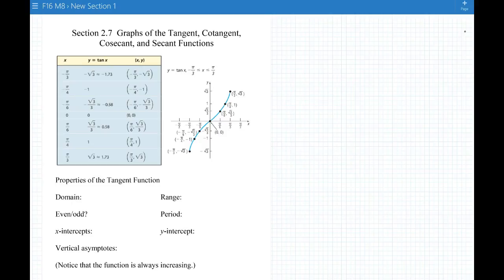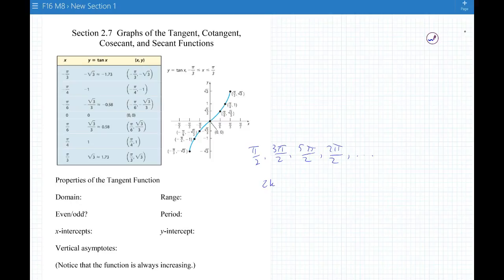So let's look at the graph so we can see on this one period of the tangent graph what the domain is. It looks like almost all real numbers are good, but we can't have odd multiples of pi over 2, because pi over 2 wasn't allowed, 3 pi over 2, 5 pi over 2, 7 pi over 2, and so on.